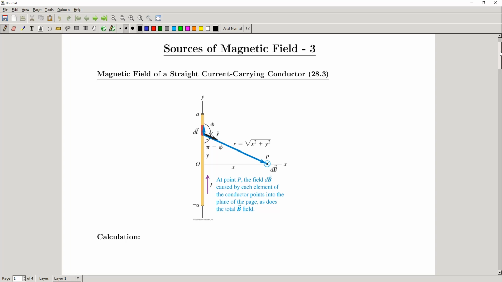Okay, so note that we have this angle phi in here. We're not really going to make much use of the angle phi, but we're told that this is our angle phi, and we're also told that this would be the complementary angle pi minus phi. Okay, and so let's take a look at how we're going to go about doing this.